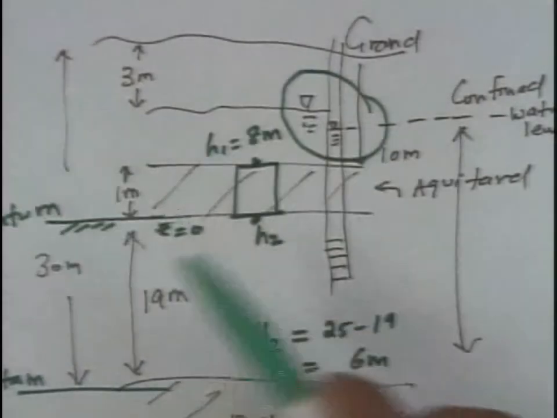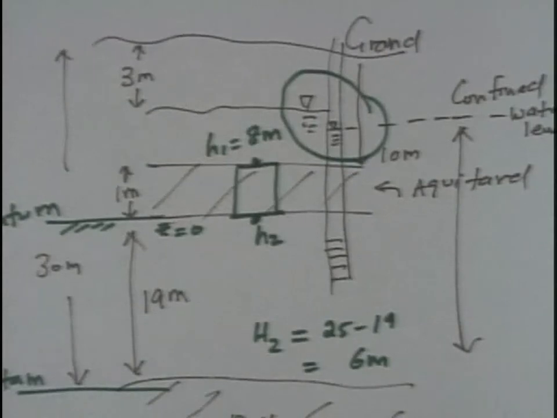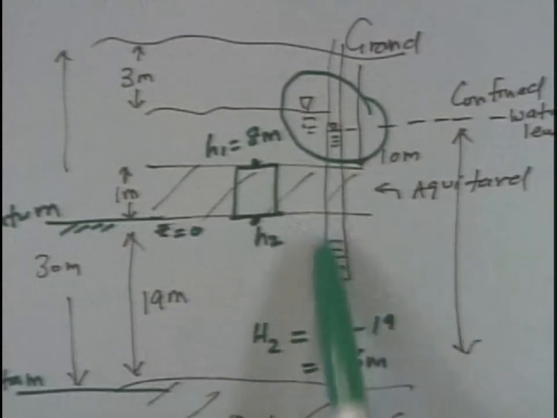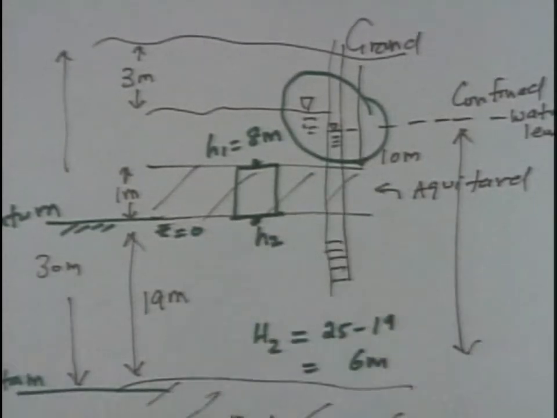Now I can make this complicated. I can have multiple units, 3-4 units, interacting with each other. And I can make different fluids. Like I can say the confined aquifer has got salty water in it, an ancient water which is salty. Now you got to compensate for P by gamma with the gamma of the fluid, which is the salt water. So the water rising in this piezometer is salt water, and you got to compensate for the density difference.